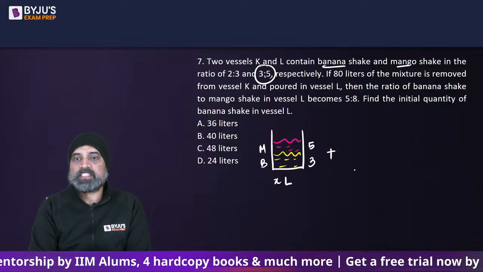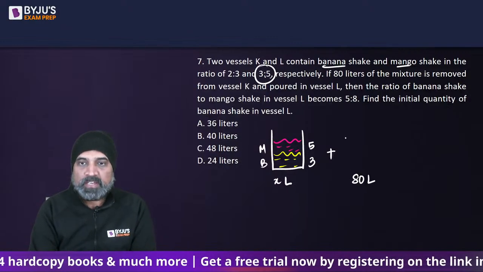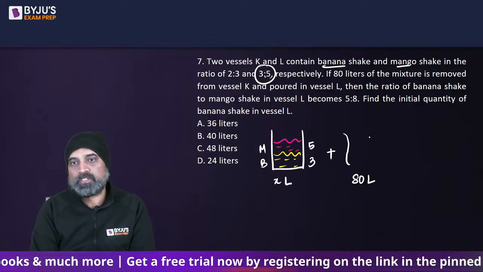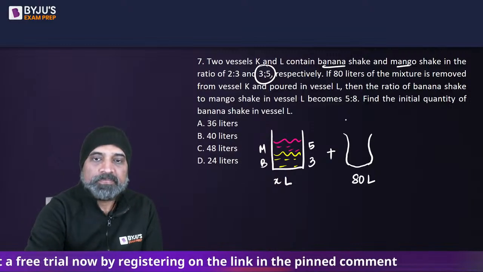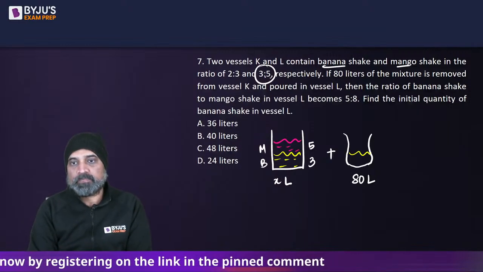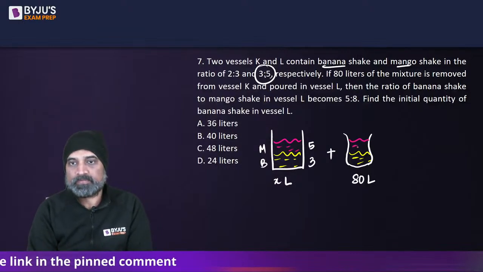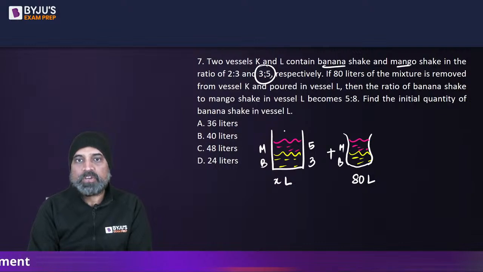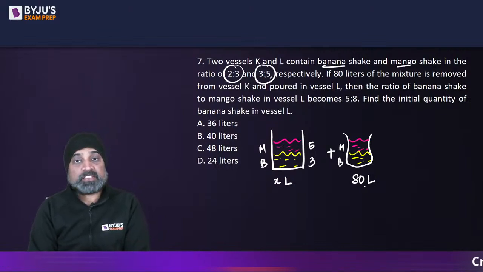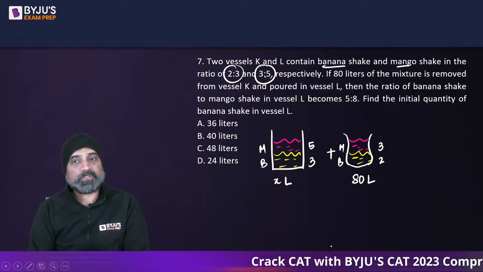Now, when this is mixed with 80 liters of another mixture, let's use a different vessel. It also contains banana and mango. How much of banana and mango does this vessel contain? It is 2:3. Banana is 2, mango is 3.